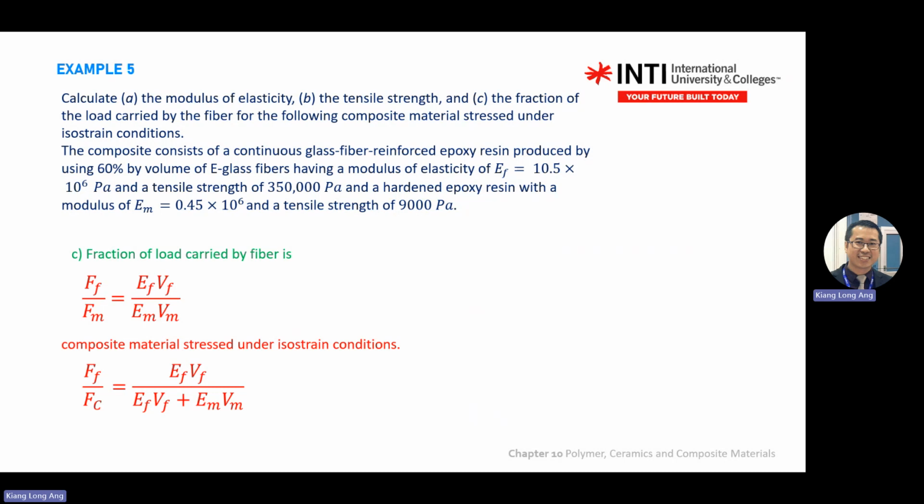What's the definition of force? Already derived. Force of composite equal to this one. Okay, so you substitute this one, force equal to this one. Then the rest is just substitution. Okay, so I only need to highlight the careless mistakes. Usually you do not read the question properly. You use this equation, then you get the wrong answer. Okay, read carefully.